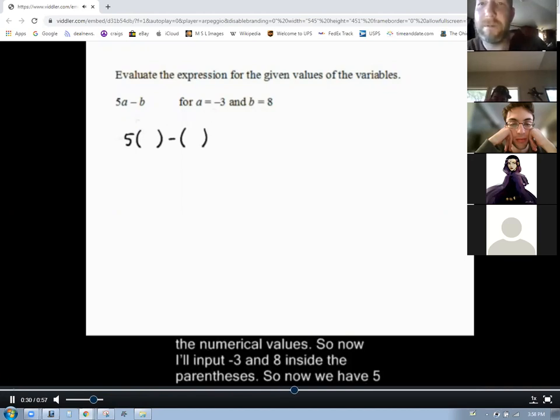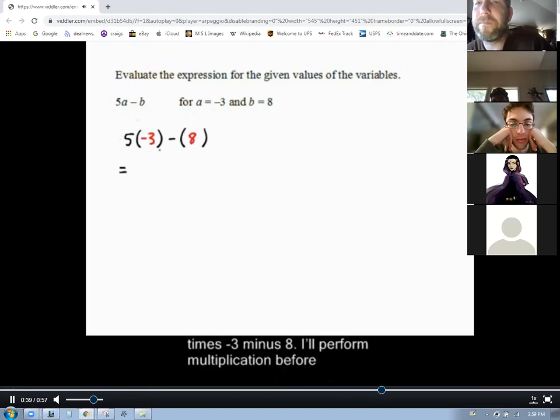So now I'll input -3 and 8 inside the parentheses. So now we have 5 times -3 minus 8. I'll perform multiplication before subtraction. So we have -15 minus 8, and this is -23.